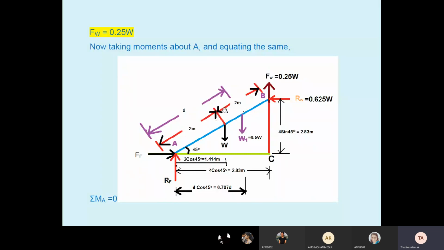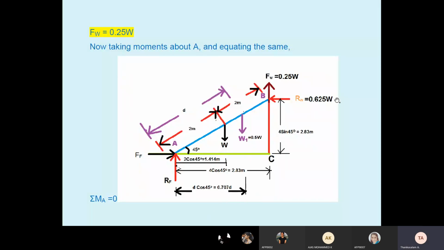So W into 1.414 meter, clockwise plus. Then W1 into 0.707 D, clockwise plus.